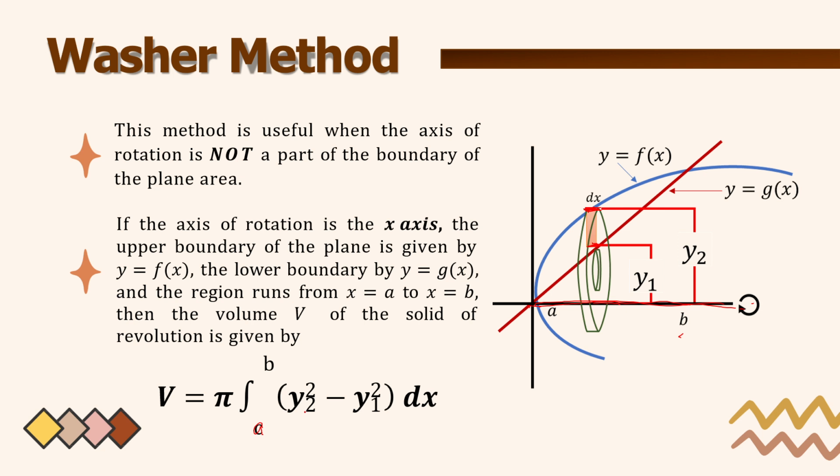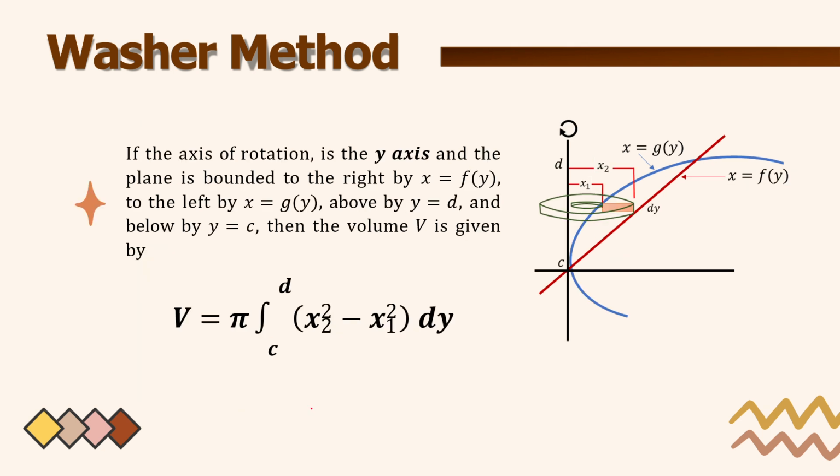How do we determine whether the functions are in terms of x or in terms of y? If the axis of rotation is the y-axis and the plane is bounded to the right by x equals f of y, to the left by x equals g of y, above by y equals d and below by y equals c, then the volume is V equals pi from c to d.